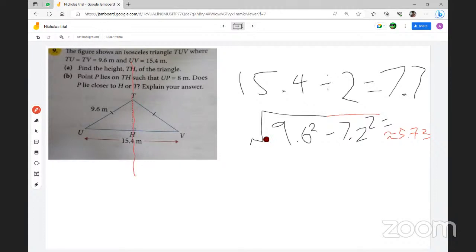According to this phrase, P lies on DH. Where is P, Nicholas? I mean, what do you think? Make some guess. Near the T. Yeah, so I know we don't know exactly where, but could you roughly give a position?